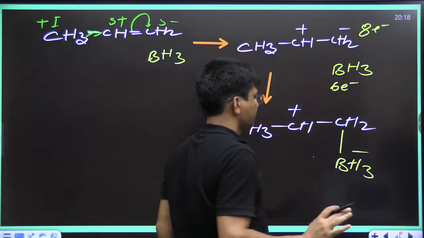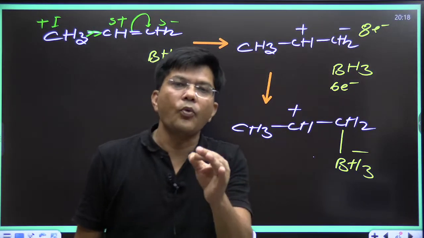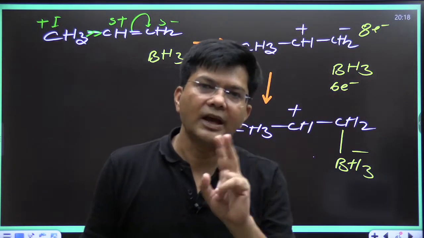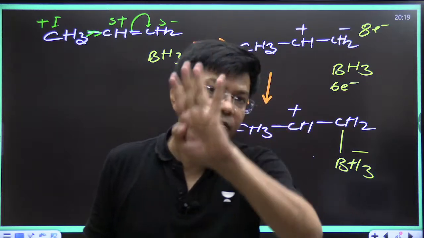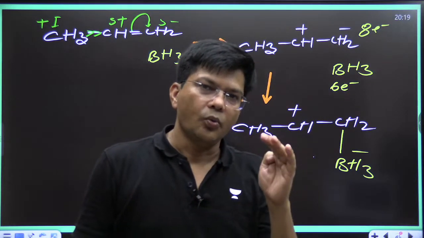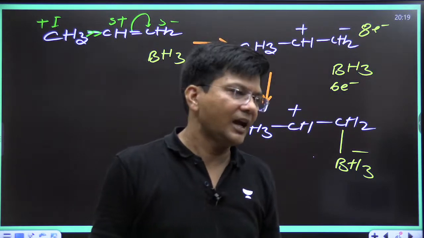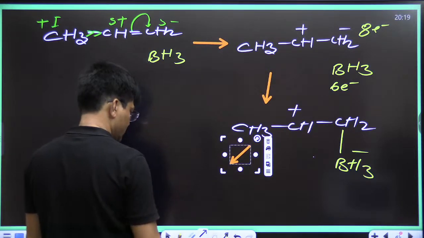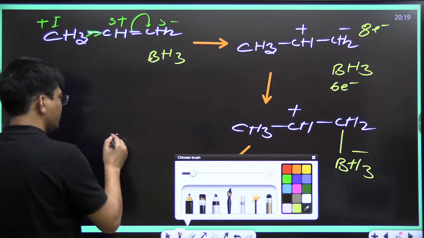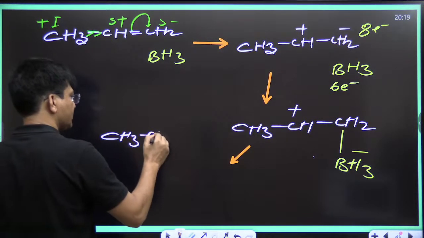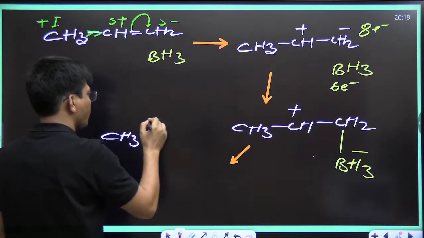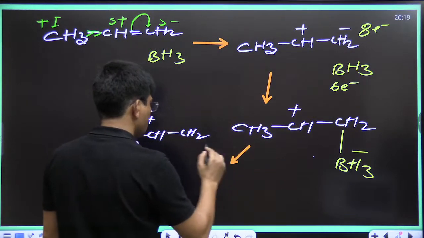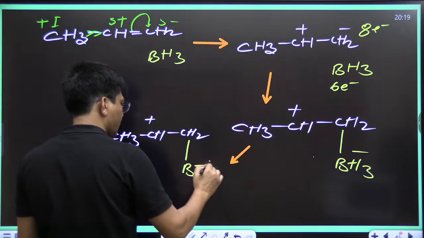BH3 negative. Now my dear friends, boron is a very small atom. Boron belongs to the second period, so boron cannot manage 4 valencies. Very soon boron realizes that it cannot manage these 4 valencies. So in the next step, I'm moving very slowly so that you can understand each and everything, because all these steps take place very fast, but I'm making it slow motion so that all my dear students can understand it properly.